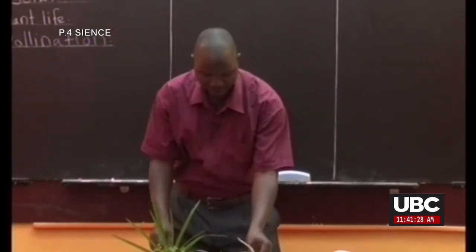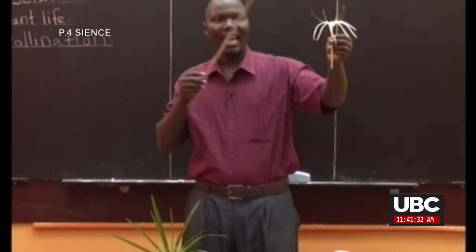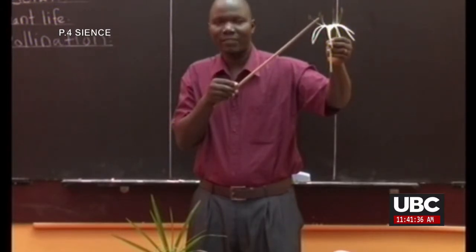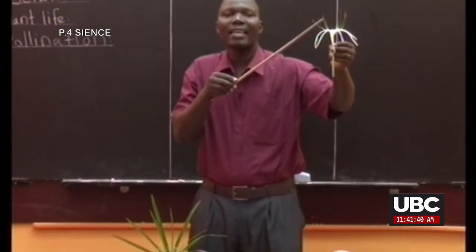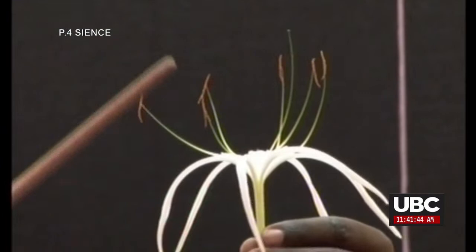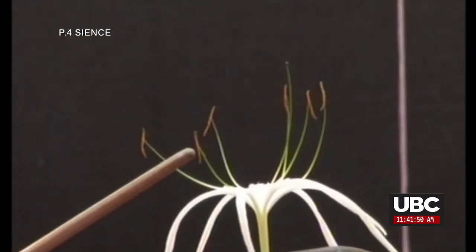Let me show you again using this flower. The anthers have the male reproductive cells called the pollen. This pollen has to move from the anthers to the stigma.